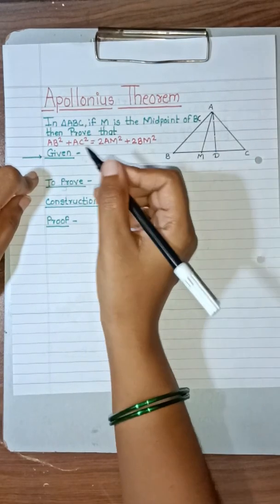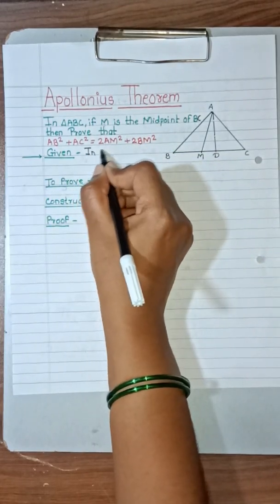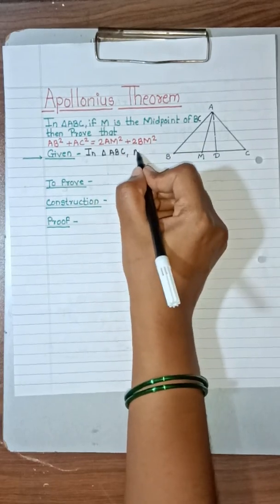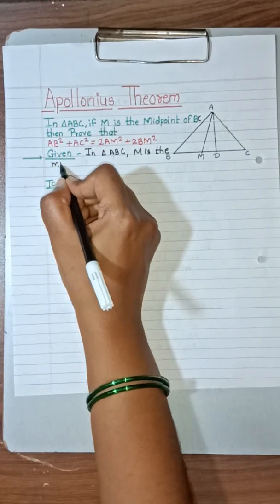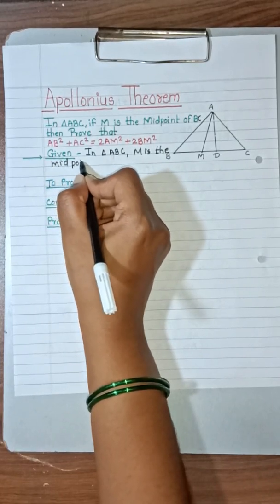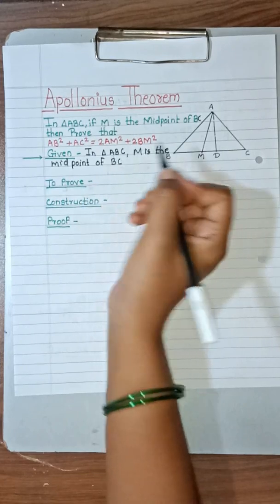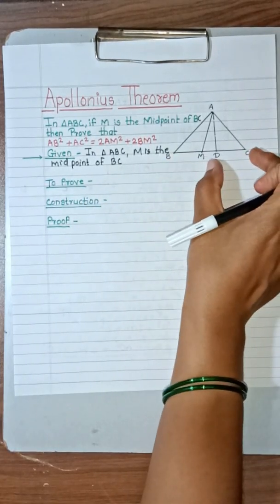So for that, first we'll write down what is given. In triangle ABC, what they've given: M is the midpoint of BC. Now as M is the midpoint, that means BM is equal to CM.